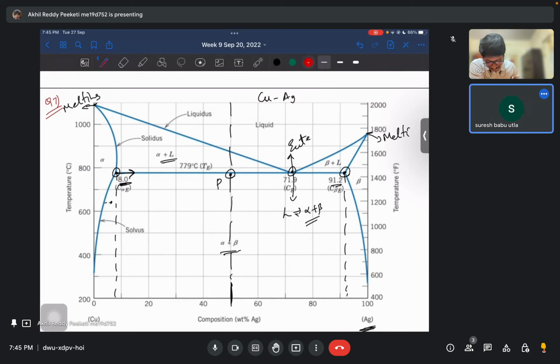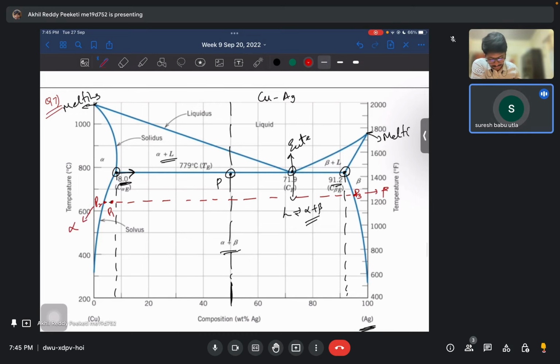Okay, so let's say we are here, and let's take P1, P2, P3. The beta phase length is more, right?